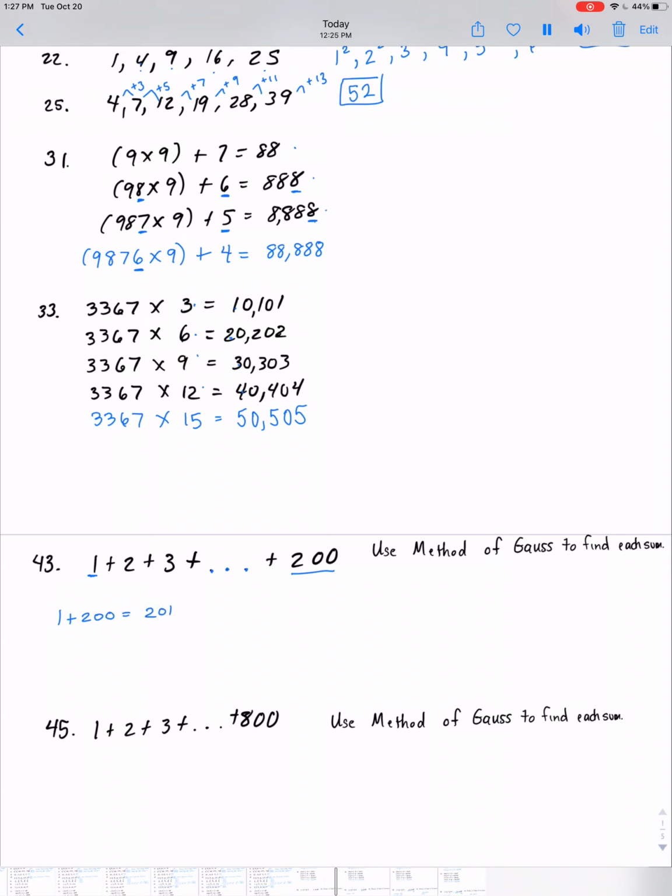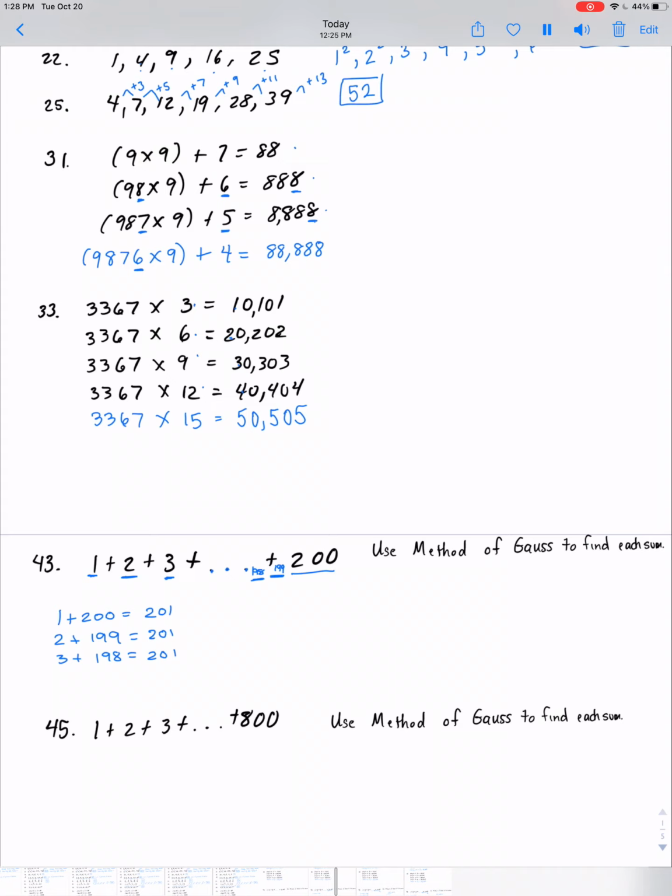Then if I take 2 and that second to last term there, which is 199, and I add that pair, it's going to be 201. If I take my third term and my third to last, which would be 198, you can see that equals 201. So each of the pairings, it's pretty obvious they're going to equal 201.